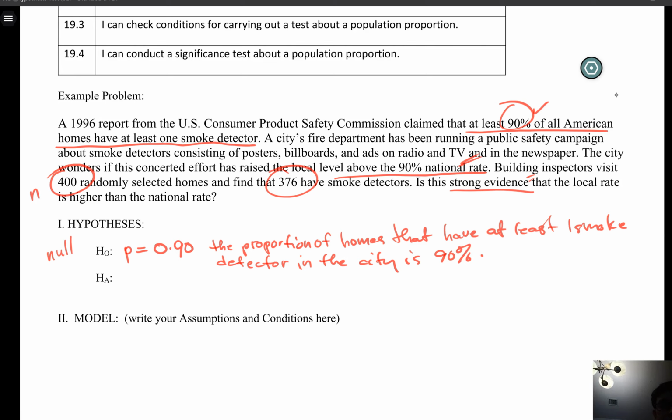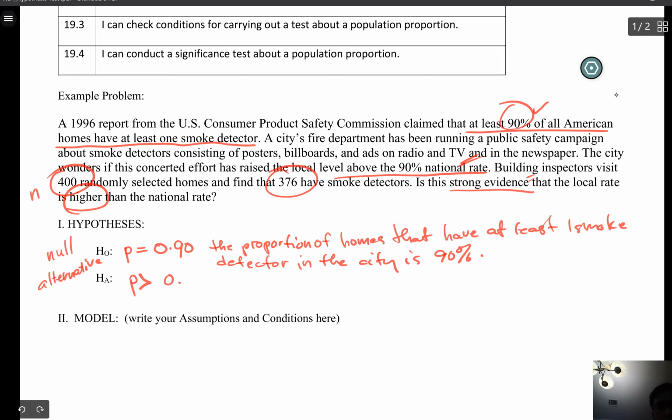And then if that is not true, the alternative hypothesis is that p, and it's saying right here higher, so the direction is higher.